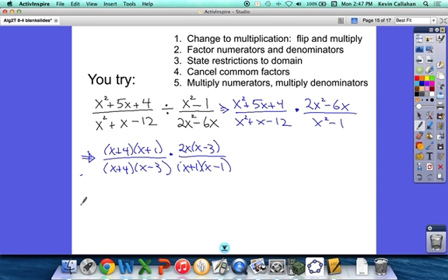Check the factoring. Do you get the factoring right? Okay, restrictions. If you got all the factoring up to that point, then what are you going to say are the restrictions? Yeah, Curtis.